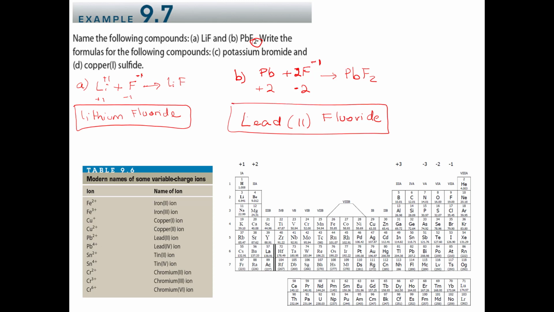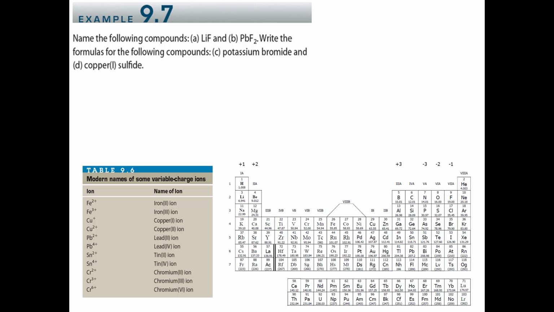Now let's try part C. In this case, they give the name of the compound, and we need to find the formula. We have potassium bromide, and we need to find the formula for this.